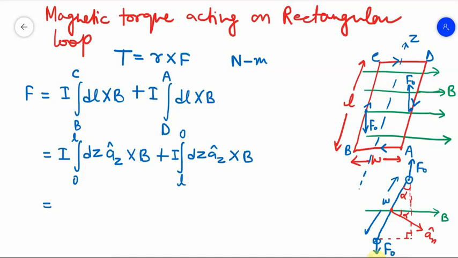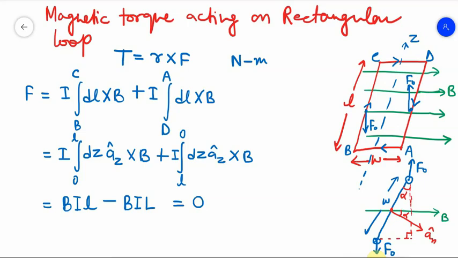B, I and dz along 0 to L limit will be L, so it is BIL, and for L to 0, if you put the upper limit, there will be a minus sign, so it will be minus BIL, so the net force is 0.